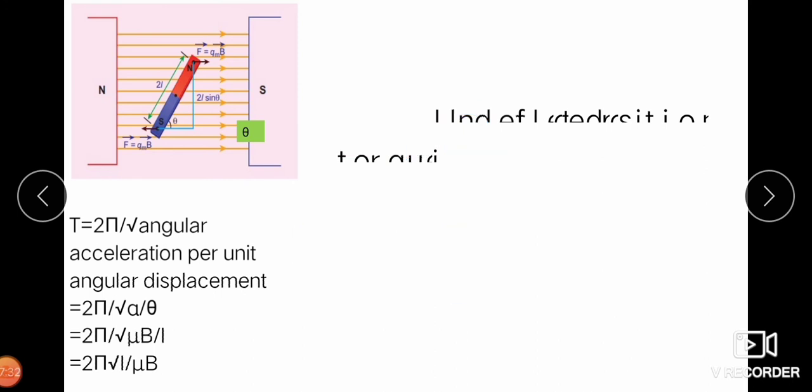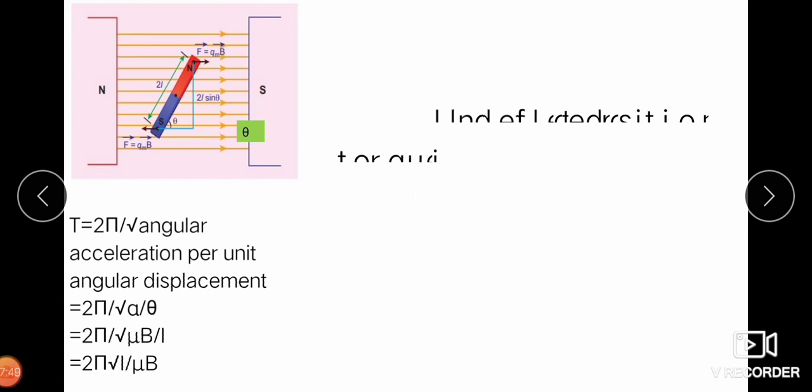For small angles, sin theta is approximately equal to theta. Hence we can write torque is equal to mB into theta. For m I am writing mu. Torque is equal to mu B theta.